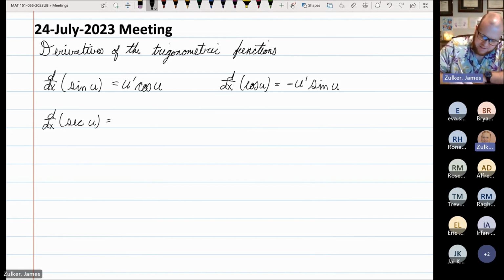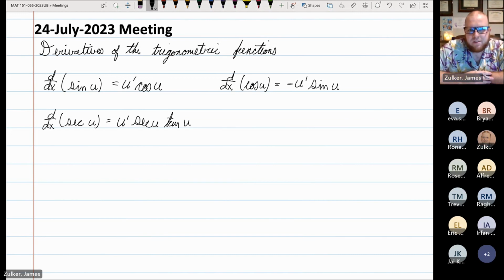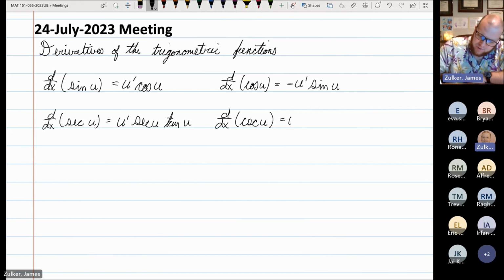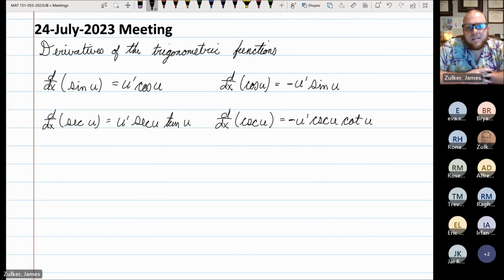Derivative of secant, u prime secant of u tangent of u. Derivative of cosecant, negative u prime cosecant cotangent.